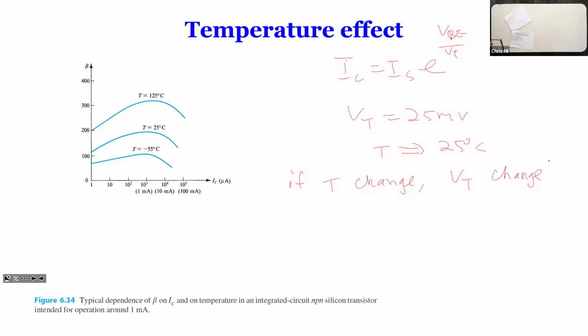Well, that cannot be true. Like in a conductor, when temperature goes up, resistance goes up, so current goes less. So in this case, they give you a typical relation. When T is increasing, that beta increases, and also IC.